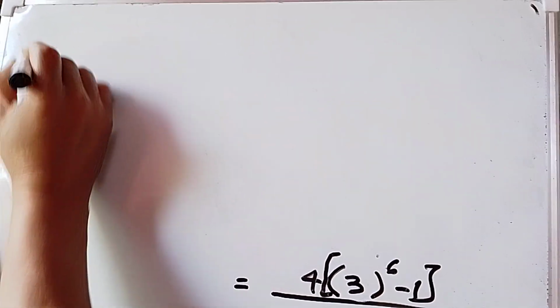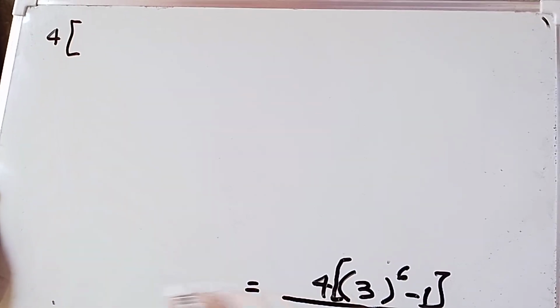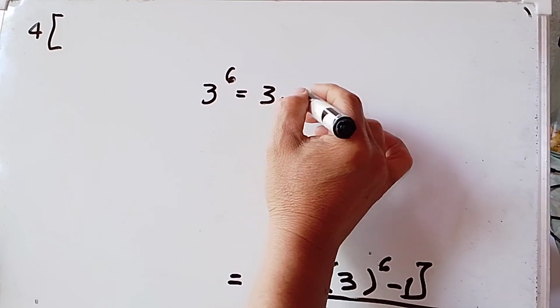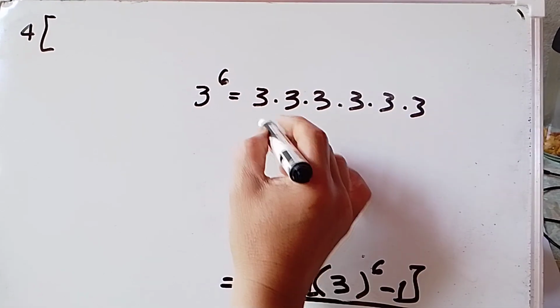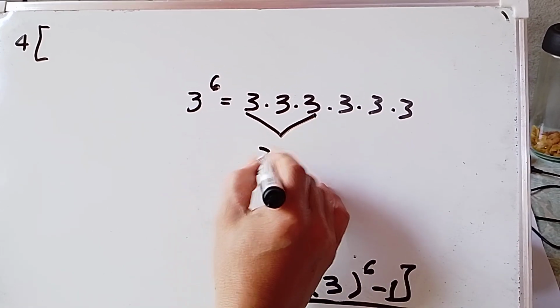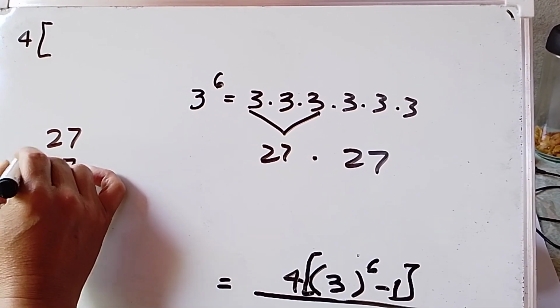So to simplify, this will be 4 times 3 to the power of 6. What is 3 to the power of 6? So meaning 6 times. Okay, this is 3 times 3, 9 times 3, 27. Times 27. So 27 times 27.